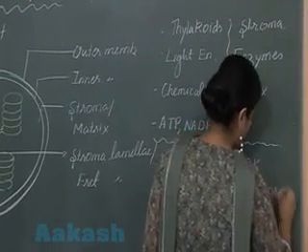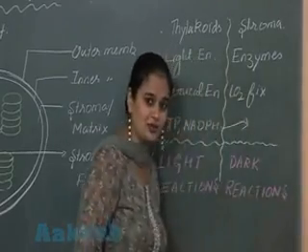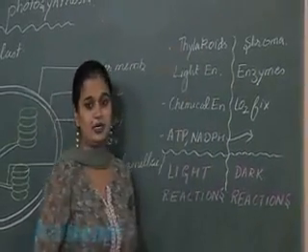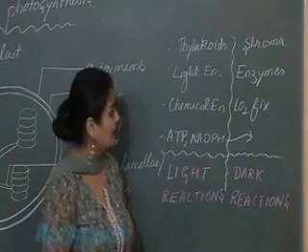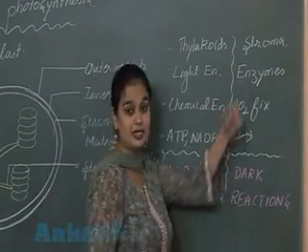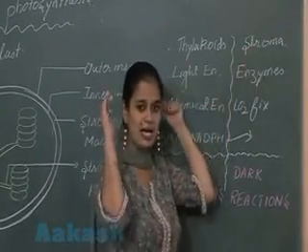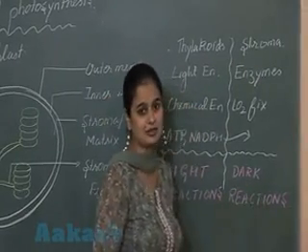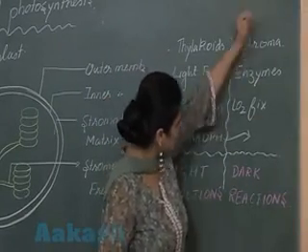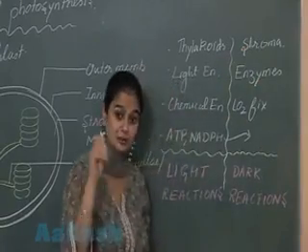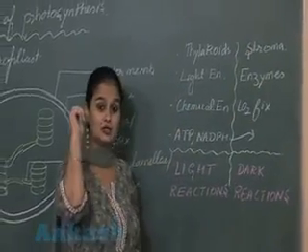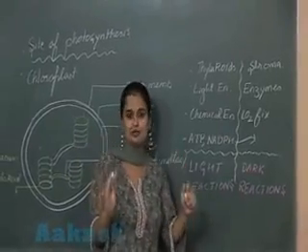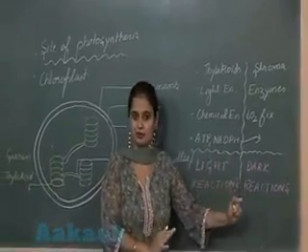Right? So the reactions which are directly driven by light, occurring in the thylakoid, are known as light reactions, and the reactions which are occurring in the stroma, not directly driven by light, are known as dark reactions. There should not be any confusion in your mind that these reactions occur in the dark.